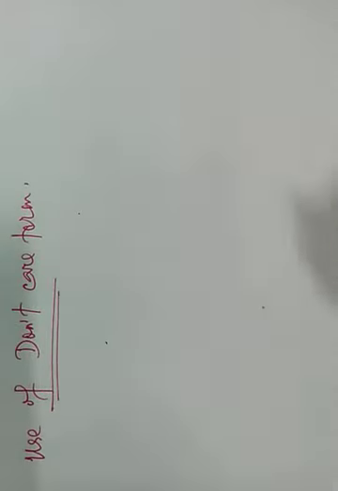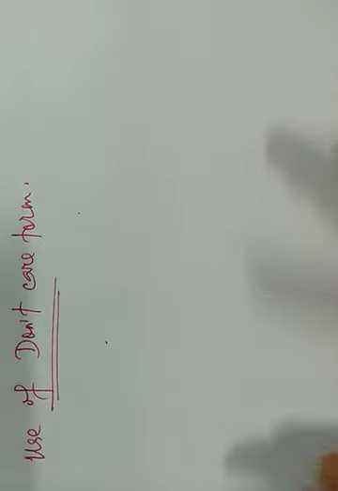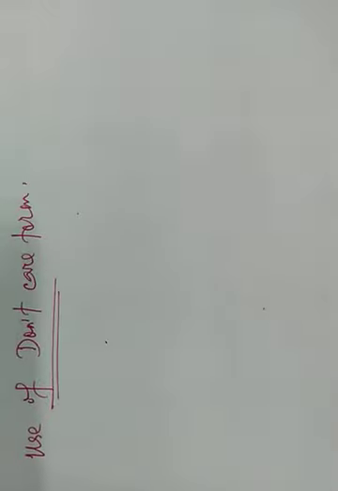So for a don't care value, its value may be 0 and may be 1. That means in a max term expression its value is taken as 0, and for a min term expression its value can be taken as 1. So it does not matter what the value of any don't care term is.